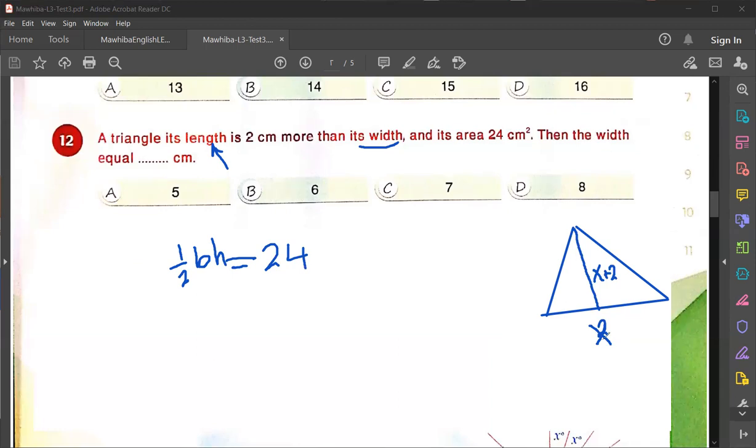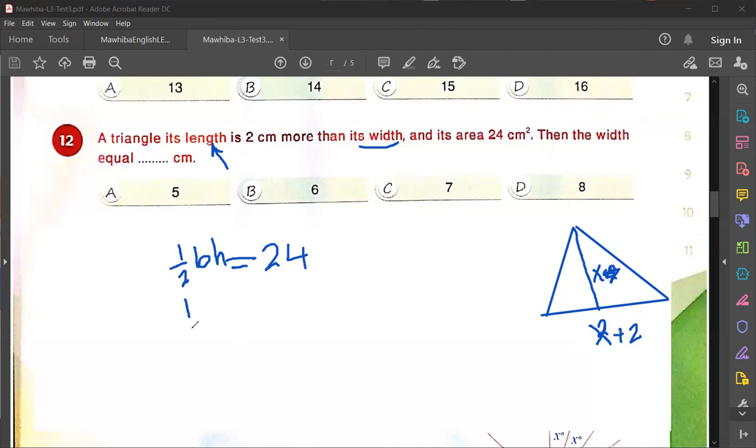Then we want the width, or we want x here. Who is greater? A triangle, its base is 2 more than width. Oh, sorry. Here, x plus 2. Now equals 24.